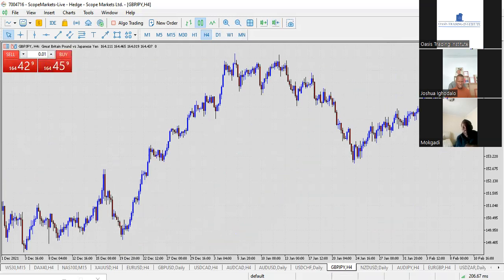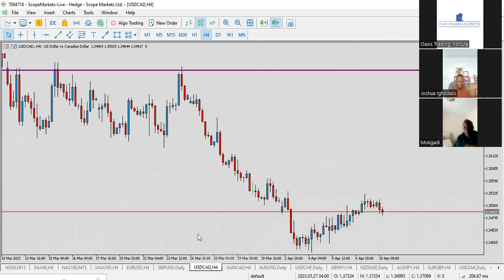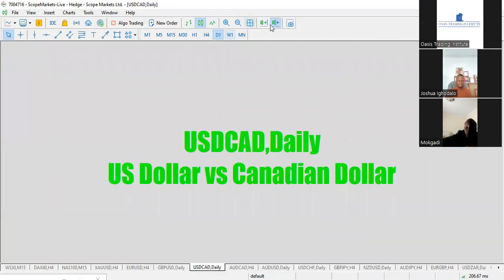Okay, I think I should just look for another pair that can give me a very good example. Awesome. This is USD CAD.